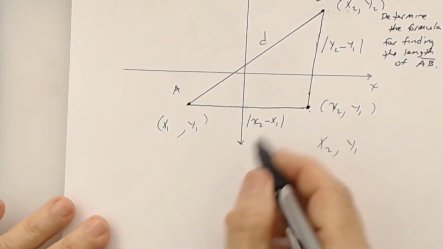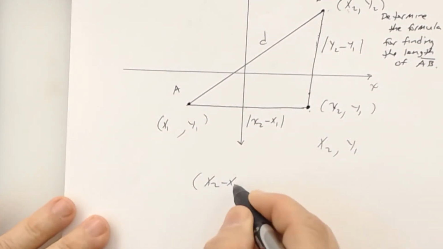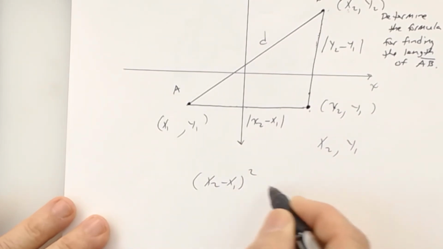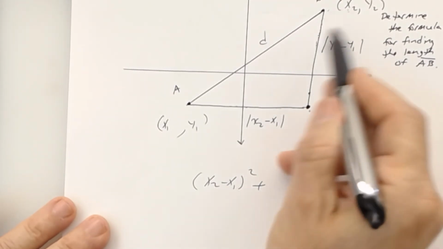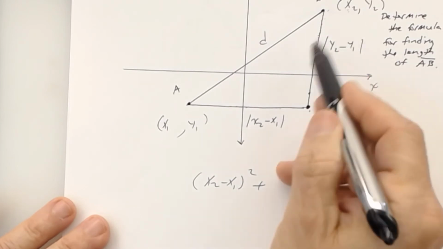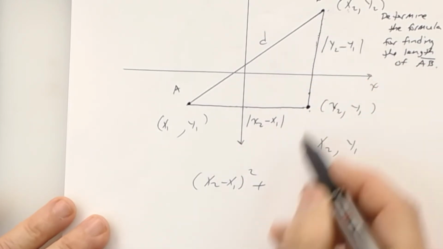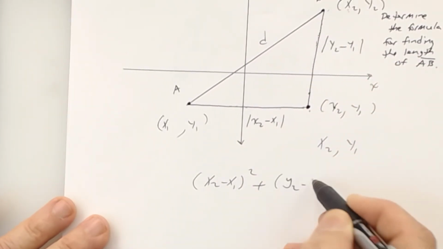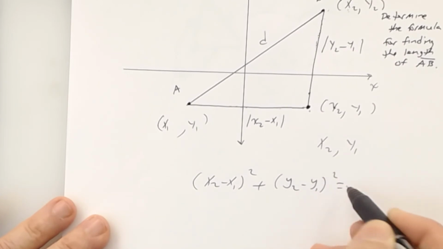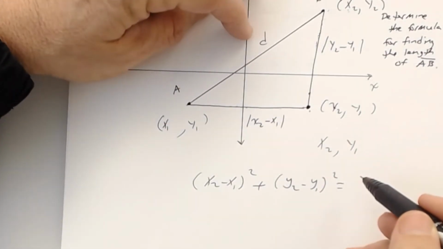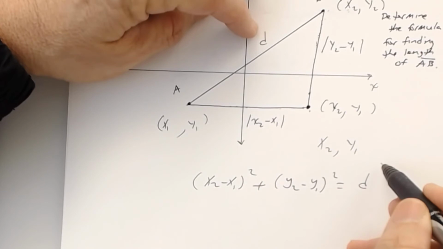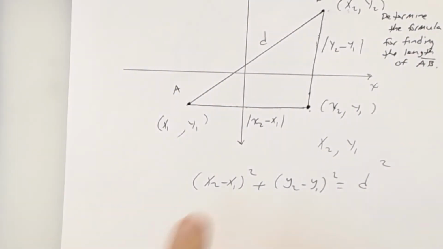So I'm going to just put this in parentheses, x2 minus x1 squared, plus, when I square this side, isn't it automatically going to be positive? So I'm going to just say y2 minus y1 squared. And that's going to equal D squared. Pythagorean theorem: the legs squared added together equals the hypotenuse squared.